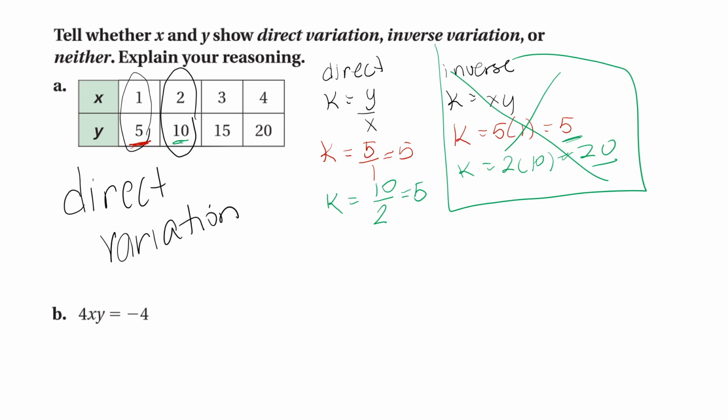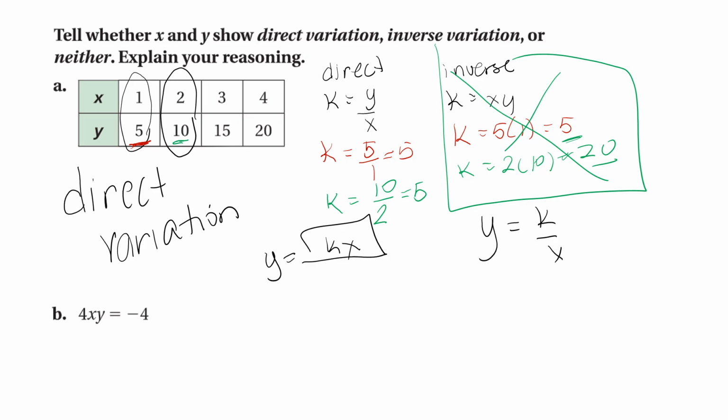Now, if I do not have a table of values, but I have an equation, I want to solve my equation for y equals and everything else over here. That way I can compare it to my direct variation equation, y equals kx, or my inverse variation equation, y equals k divided by x.